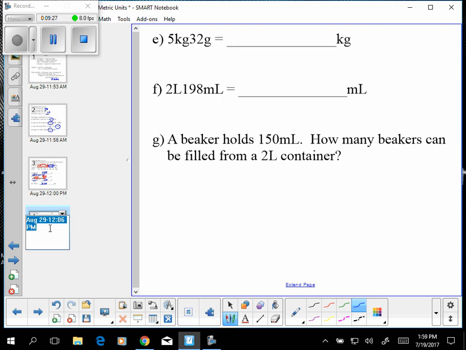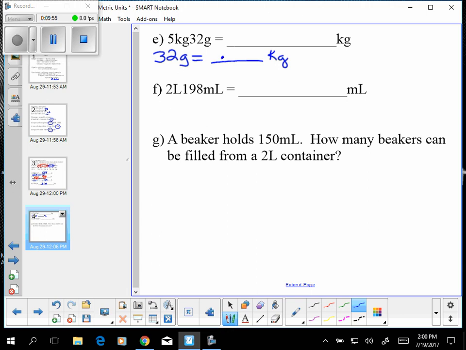What do we do, however, when we have combinations? Here I have 5 kilograms and I have 32 grams. I want to change everything to kilograms. So our main problem is changing 32 grams to how many kilograms. Now if you look back at your scale, you'll note that you're going from grams to kilograms, which means you're moving left, and you're moving 3 places.